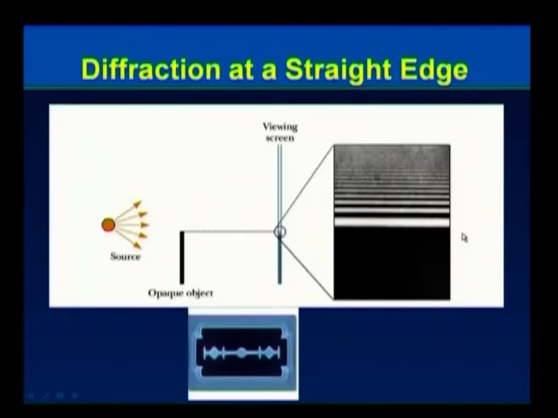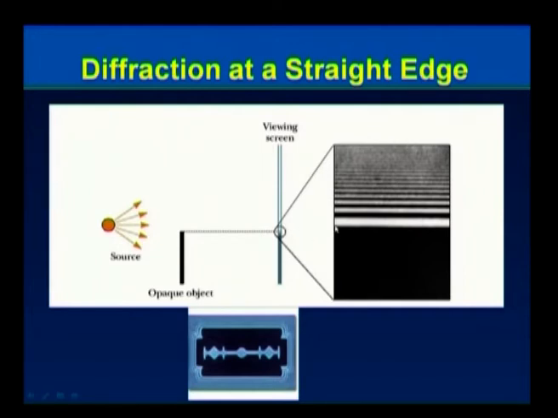Because of this bending, what happens is you have a source of light and an opaque object. Below this, I should be having uniform darkness, and above that, I should be having uniform brightness, right? That should be uniform brightness and uniform darkness.